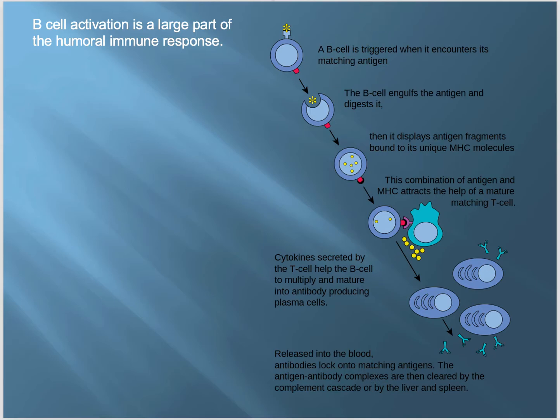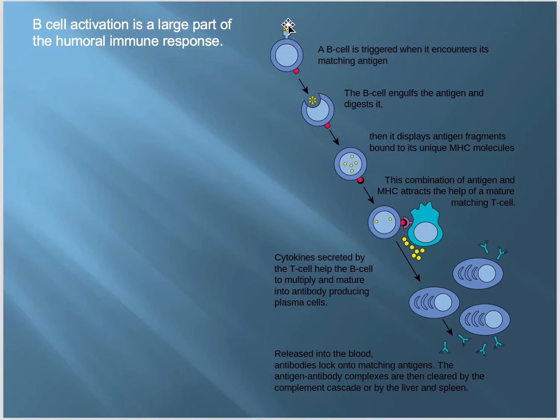Please look at the figure here. Say this round one is the B cell, and we know B cells have receptors, so with those receptors they can bind with the antigen. Say this B cell has a receptor for this antigen.